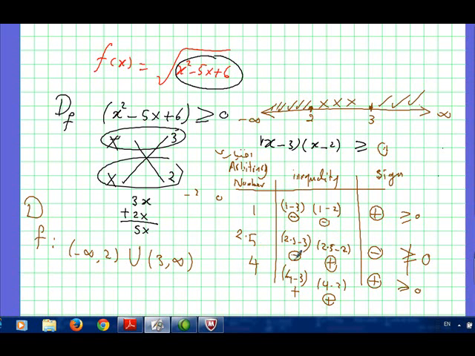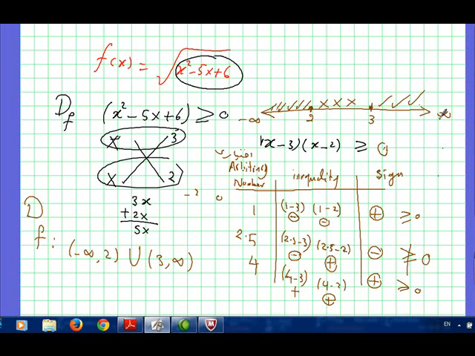It will give me negative multiply positive, which is negative. We don't have any negative number greater than 0, so any number from the interval 2 up to 3 will not satisfy our inequality. Take an arbitrary number in the third interval, for example 4, will give me positive multiply positive will be positive, which is greater than 0.